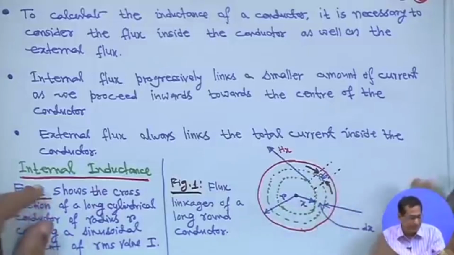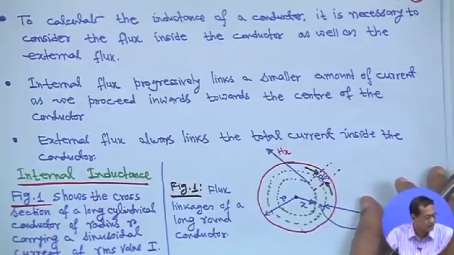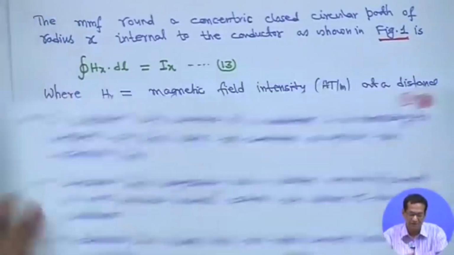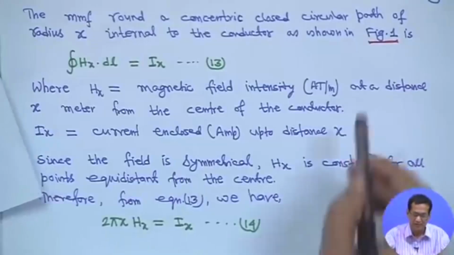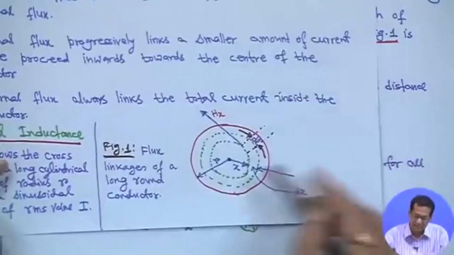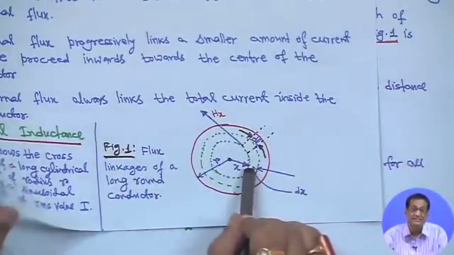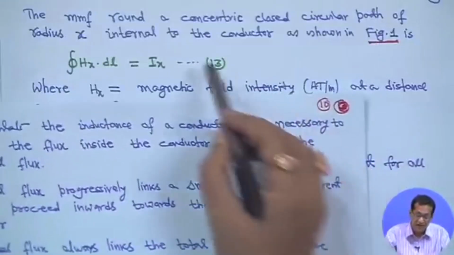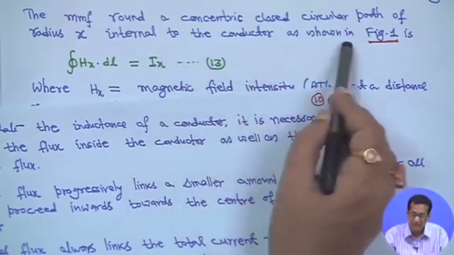In this case, we consider the MMF around a concentric closed circular path of radius x, internal to the conductor, as shown in figure 1.